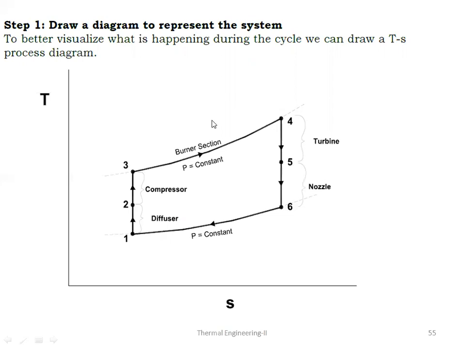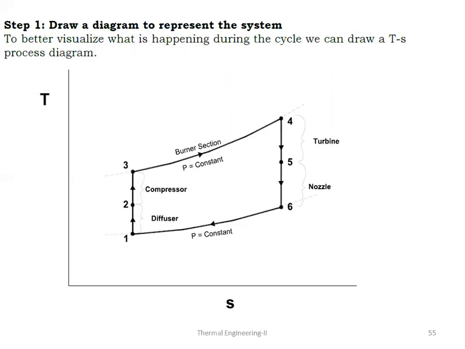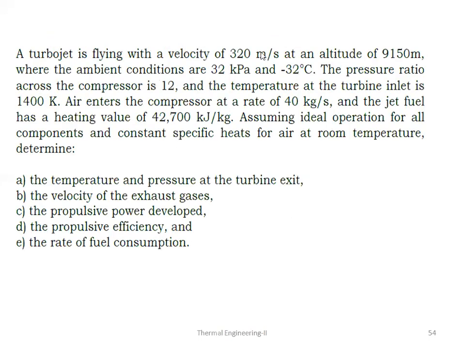So this is the TS diagram, and let us see what the given data in the problem are. The vehicle is flying with a velocity of 320 meters per second, which means the air entering the diffuser has a velocity equal to the speed of the vehicle.